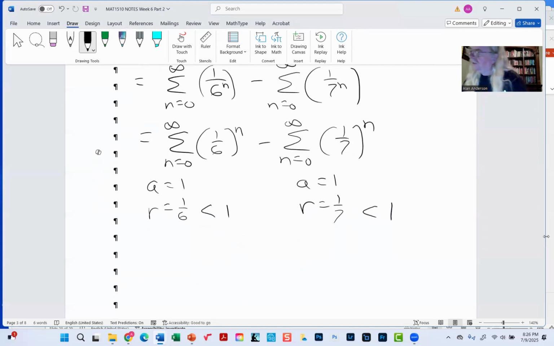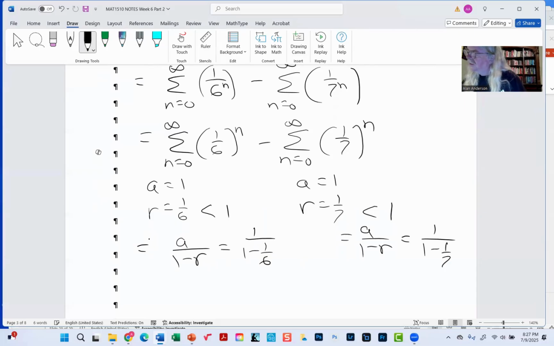So in the first case, we have A over 1 minus R equals 1 over 1 minus a sixth. And in the second case, we have A over 1 minus R. So this term is equal to 1 over 5/6, which is 6/5.